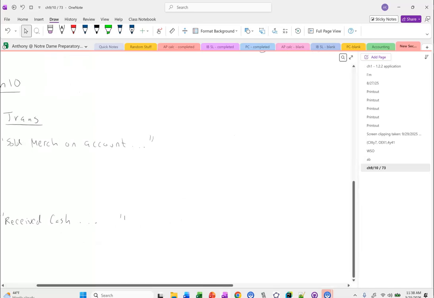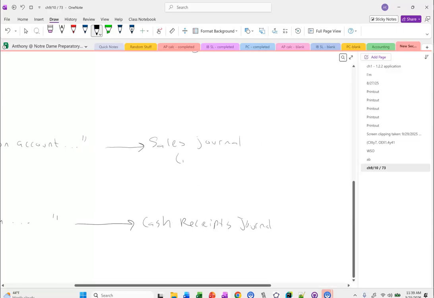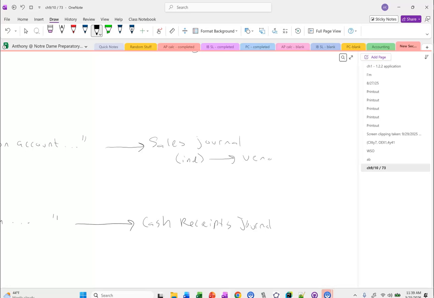So if we're selling merchandise on account, those transactions go into the sales journal. If we are just receiving cash, that goes into the cash receipts journal. The individual transactions are recorded here, and we then transfer those from the sales journal into the individual vendor ledgers.